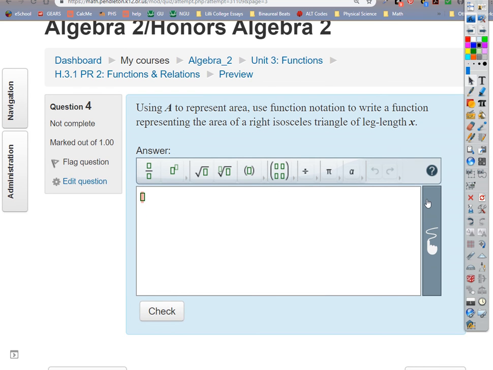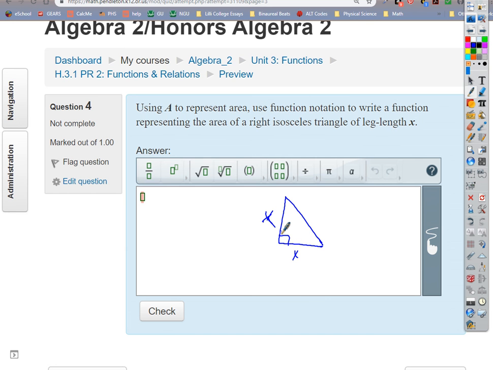And there's going to be some variability in these, but now we want to come up with the area of a right isosceles triangle as a function of leg length x. Well, that one's pretty straightforward. You might have to draw a picture. Right, what's a right isosceles triangle look like? Okay, and the legs are the same length, and we're saying the leg length is x. So there's your triangle. No big deal. You can come up with the area of that.